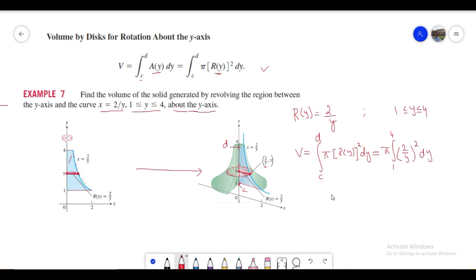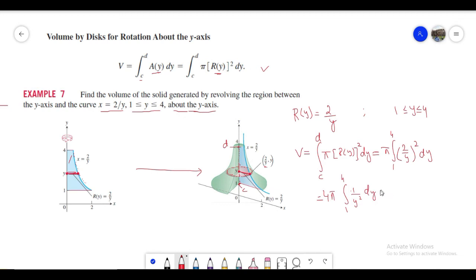If you evaluate this one, from 1 to 4, the 2 squared is 4, and we have 4 times 1 over y squared dy.